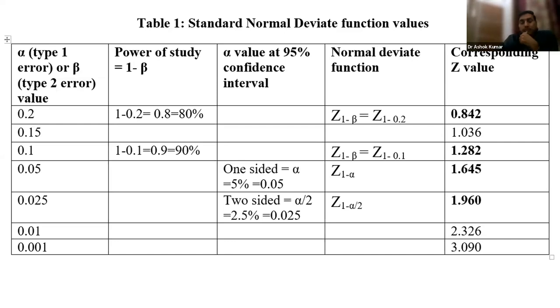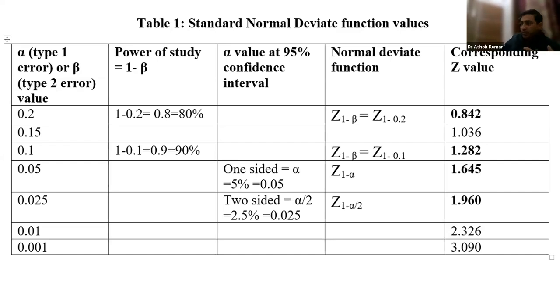What do you mean by two-sided? I want to give an example for this. There is a mean difference between treatment A and treatment B. There is a difference, so we cannot say A is better than B. We are just saying that there is a difference between them.